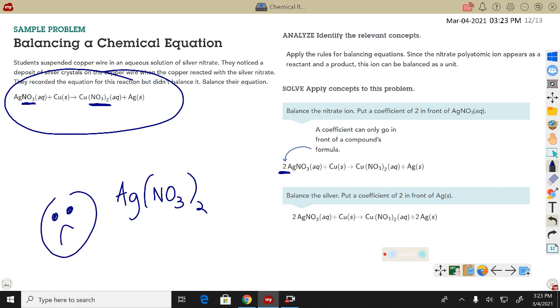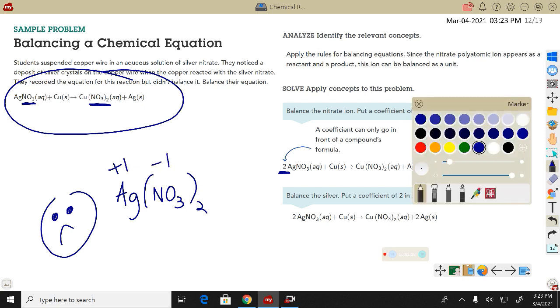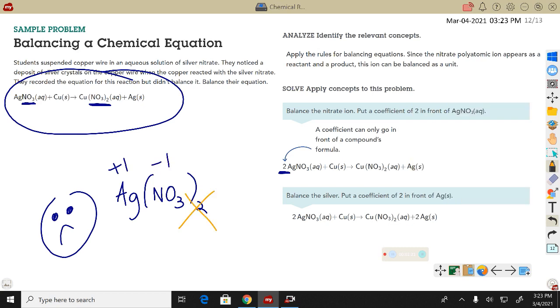That I cannot do, because realistically, silver's charge is +1 and nitrate is -1, so that's not going to be a balanced formula. You cannot change subscripts. But if I need 2 nitrate ions, which I do, then you have to go all the way out in front and give it a coefficient of 2.